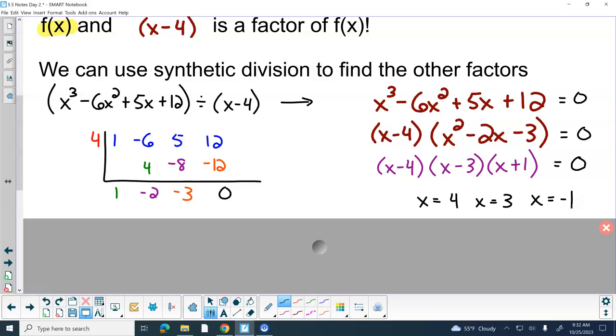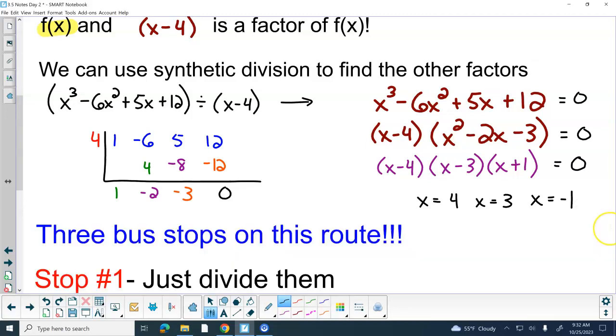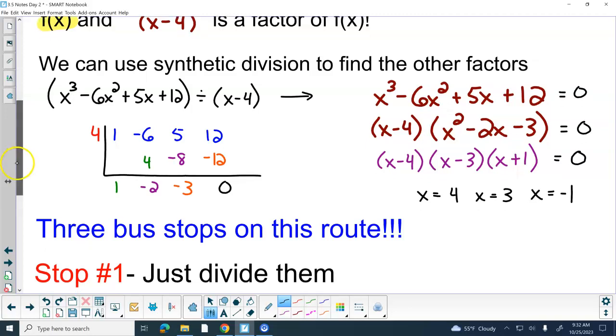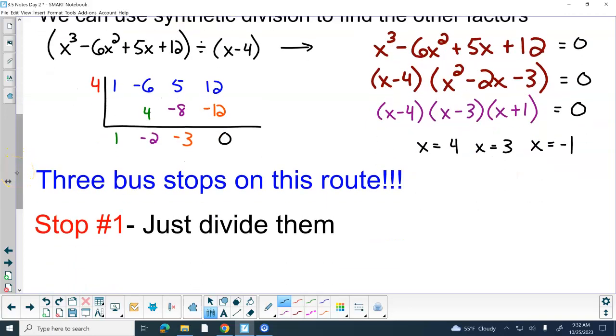And so we call those the 3 bus stops. You've got to know when you get on the bus where you've got to get off. The first stop is you are just simply being asked to divide them. I'll put that in this purple-ish color.